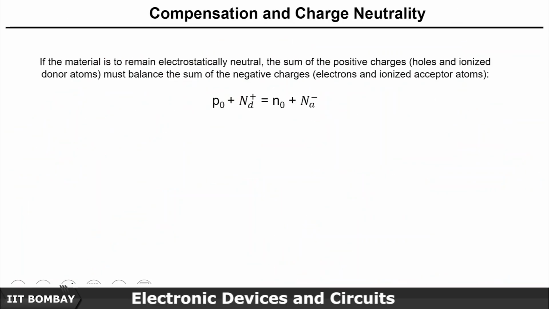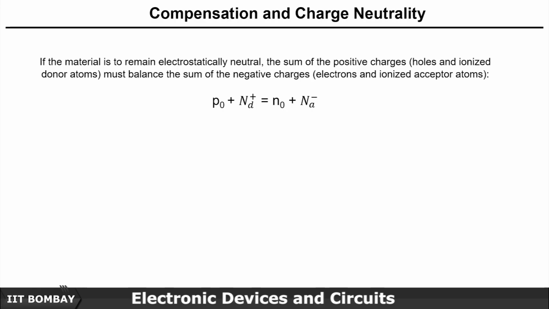Now the last thing that we're going to discuss in this lecture is compensation and charge neutrality. So what happens, let's say, if you have a semiconductor where you do have some p-type doping, some n-type doping, and how to do the mathematics here. So charge neutrality is very, very important.